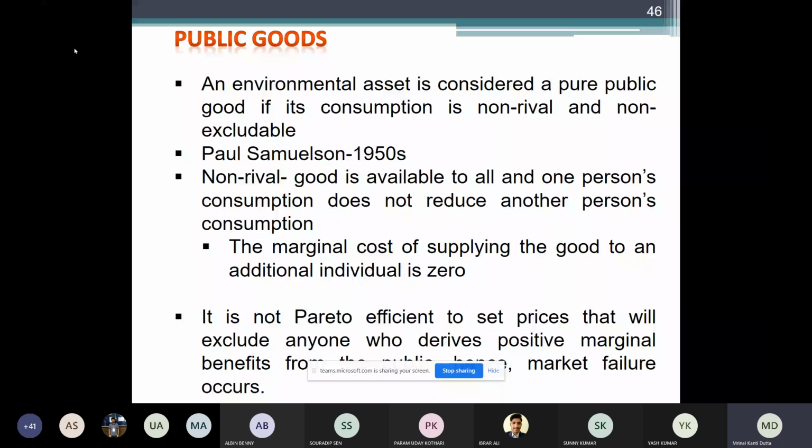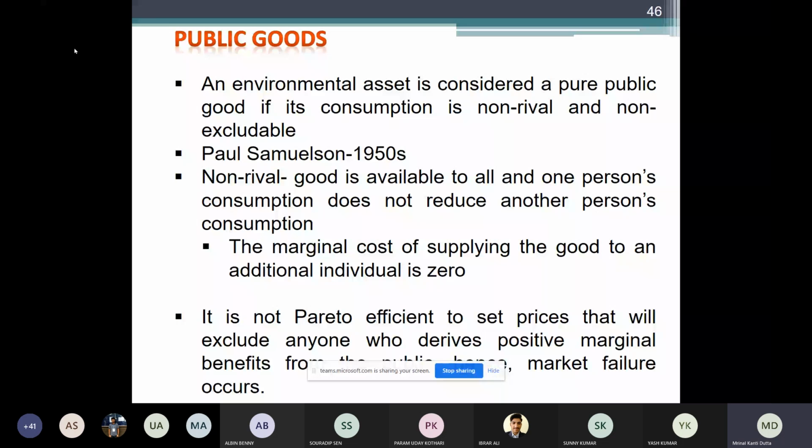The park, I am going to a park, you are also going to a park. So the amount of park available to me and you are the same. So my consumption of the park is not rival to your consumption of the park. So if we have these types of resources, we can say that this is non-rival in consumption. But in most of the cases, we find goods and services where consumption is rival in nature.